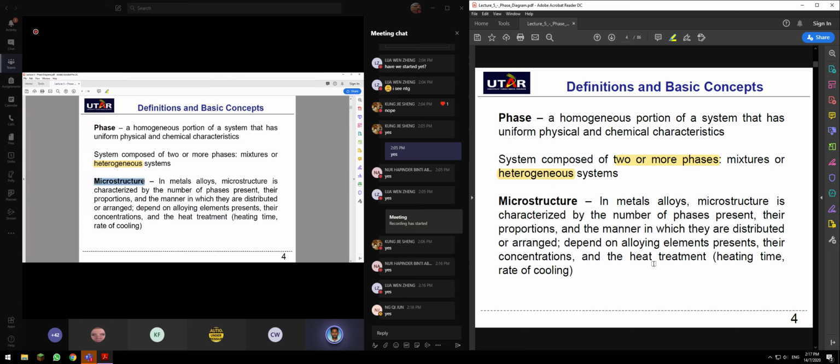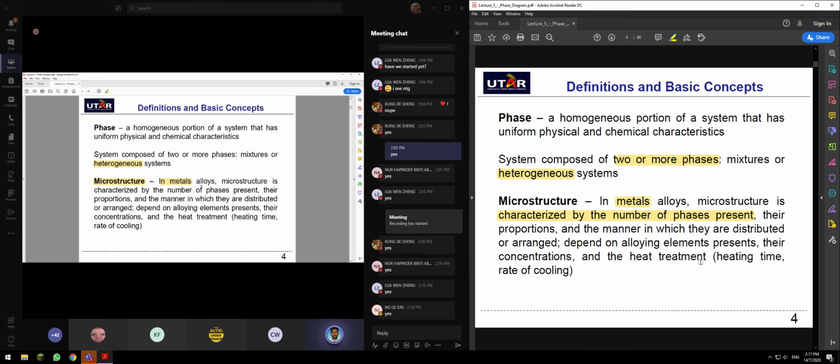And microstructure, you know what microstructure is now, okay? In metals, alloy microstructure is characterized by the number of phases present. Microstructure is the one that is governing the mechanical properties of a material. Okay, guys, microstructure is very important.